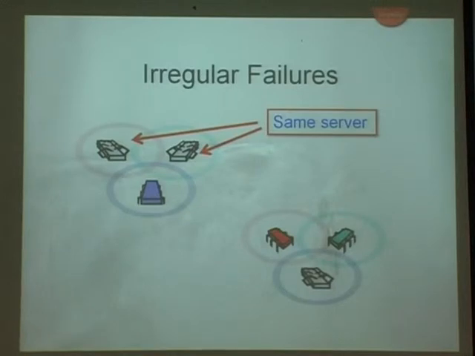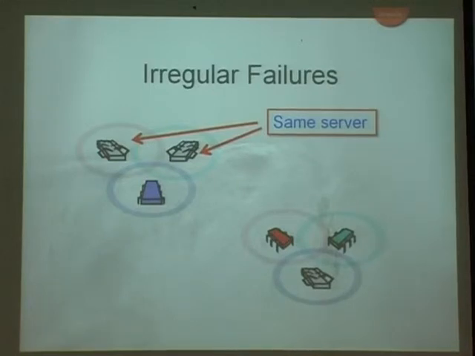So why could this happen? Well, maybe those two processes live on the same server. Maybe they run the same buggy version of Windows. Maybe they're on the same side of a flaky network connection. But failures don't necessarily happen in an uncorrelated way.